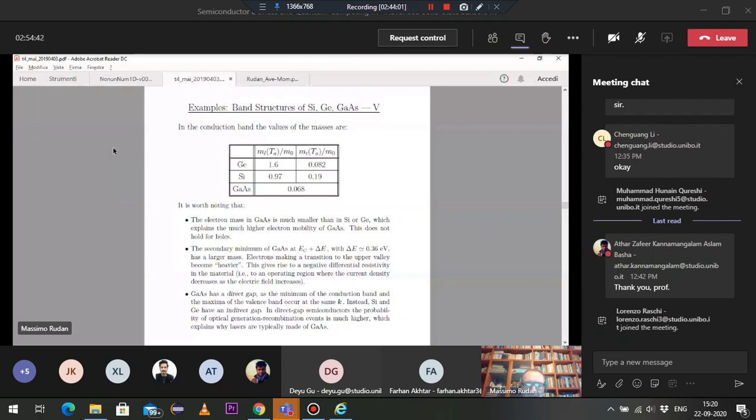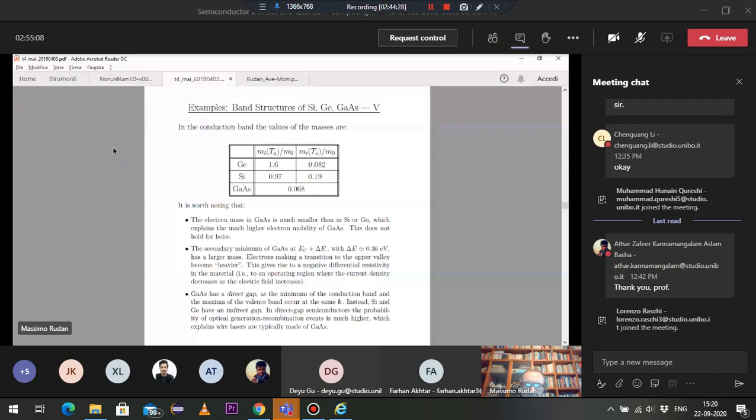Another observation is that for both germanium and silicon, the longitudinal mass is significantly larger than the transversal mass, okay? For silicon, it is about 5 times larger. And for germanium, it is even larger, okay?